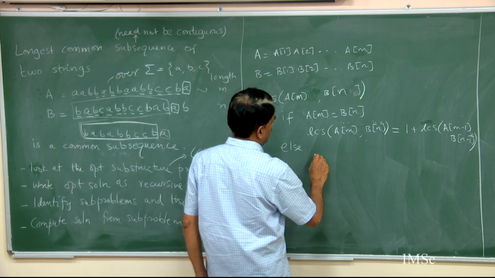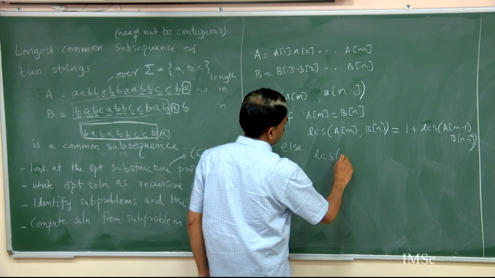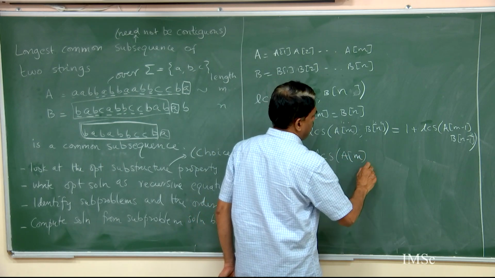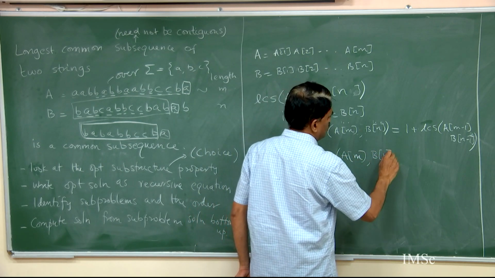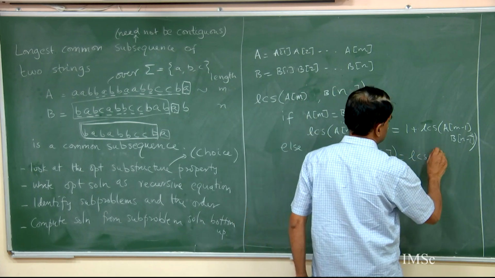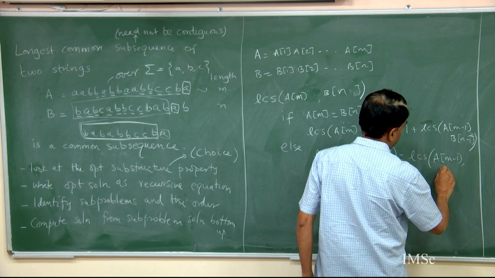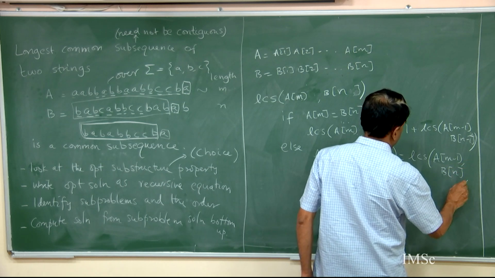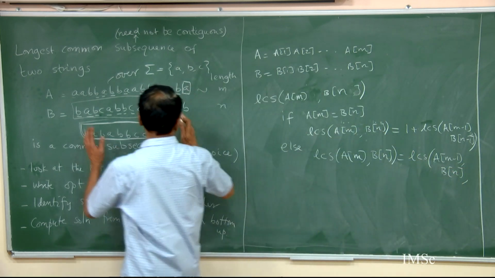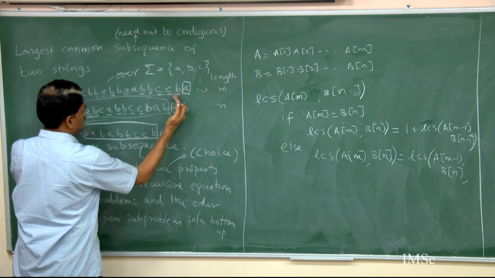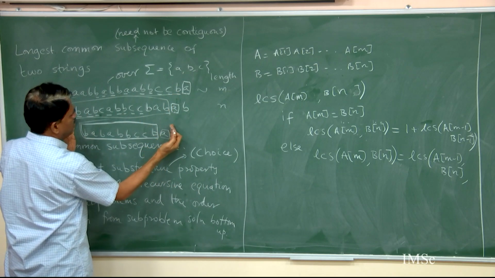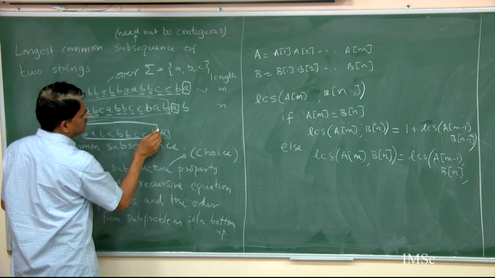Else LCS of Am Bn is equal to LCS of Am minus 1 Bn. That is, you go up to find the longest common subsequence of up to this point and this whole thing, or match this with this.